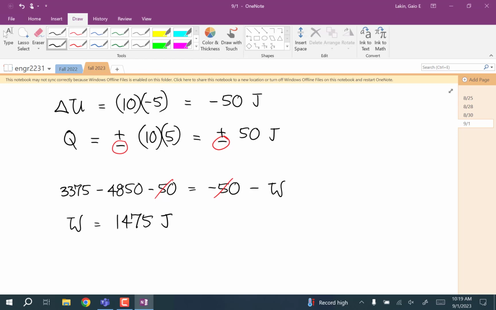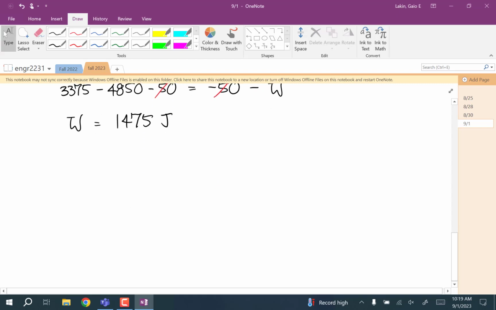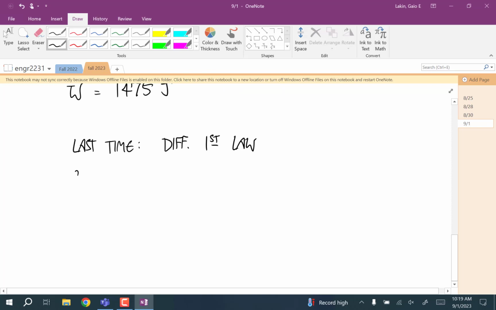Okay, so any other homework questions? So last time we started talking about the differential form of the first law. And that said that dE/dt is equal to Q dot minus W dot.